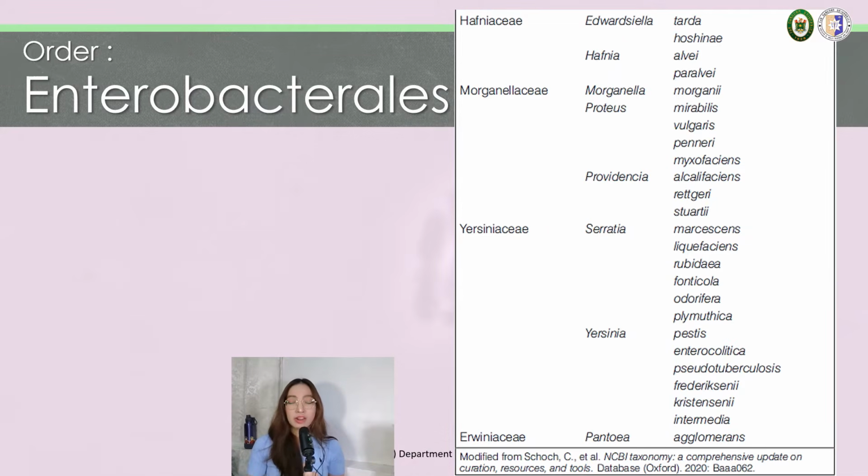As we can see right here, maliban sa Enterobacteriaceae, nakikita po natin na merong Morganelliaceae, Yersiniaceae, and other families like that. Again, yung mga genera na nakikita po natin dito, in the past, they all belonged to the family Enterobacteriaceae. But they have been reclassified into these different families, but they are still under the order Enterobacterales.